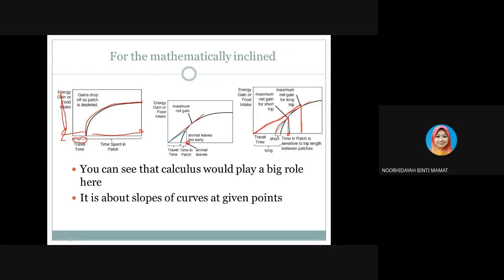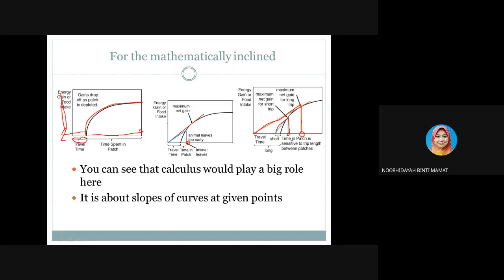Those will stay in the patch for a longer time and leave the patch later, not earlier. So this is the maximum net gain for the short trip, and this is the maximum net gain for the long trip. You can see here that calculus plays a big role in deciding when the animal should leave the patch.